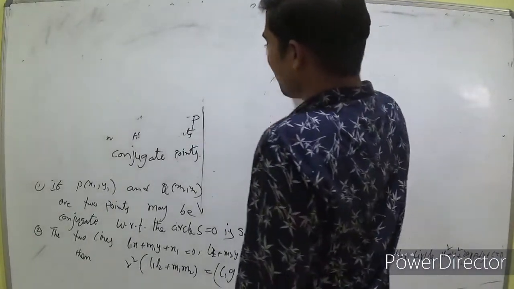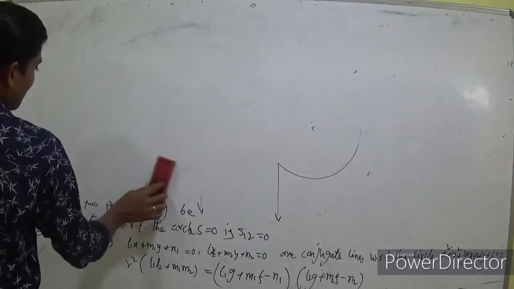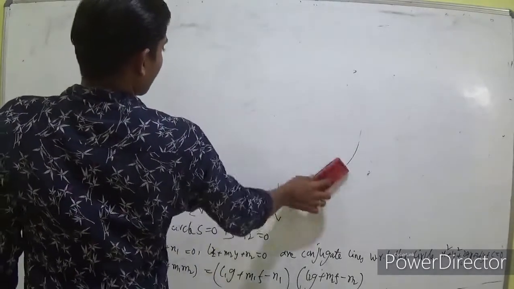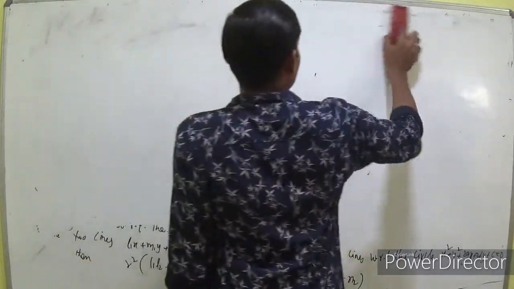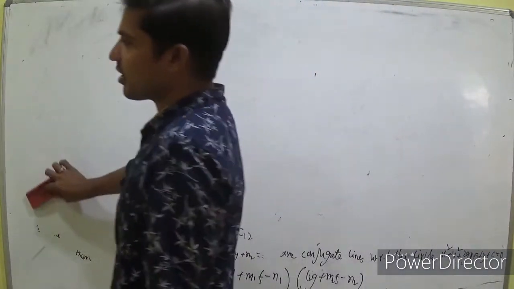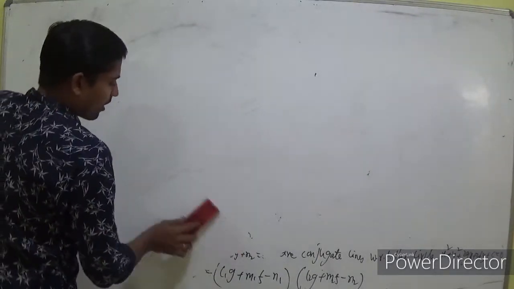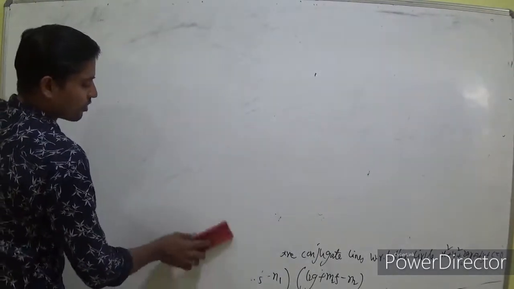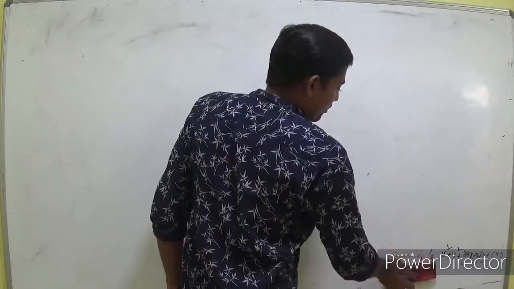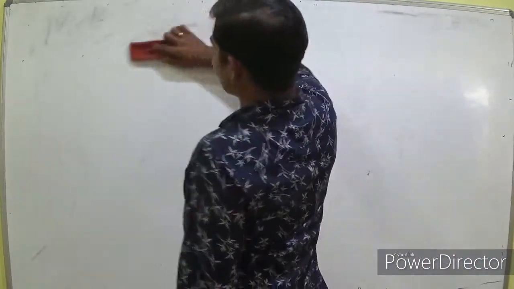And 2 points are conjugate with respect to the circle when S12 equal to 0, and 2 lines are conjugate when r square into (L1 L2 plus M1 M2) equal to (L1 g plus M1 f minus N1) into (L2 g plus M2 f minus N2).